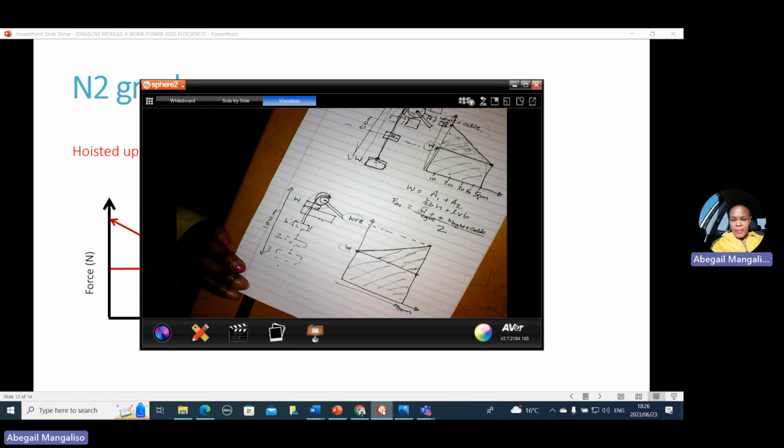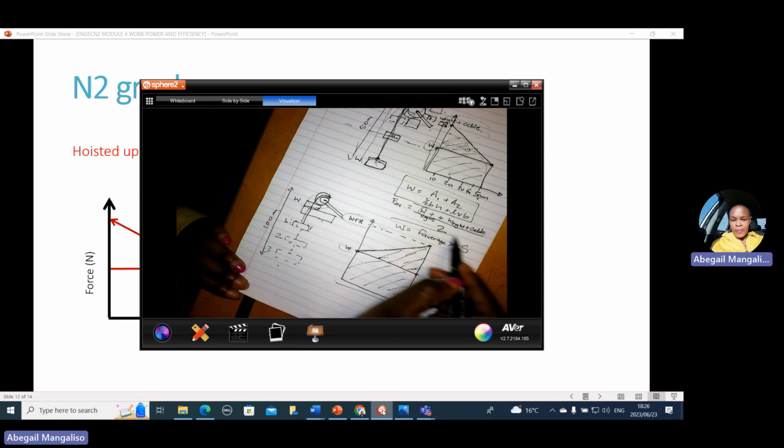Now to calculate work done, you have 2 options. Since you do have the average force, work done can be given by F average multiplied by distance, or work done can be given by the area underneath the graph.